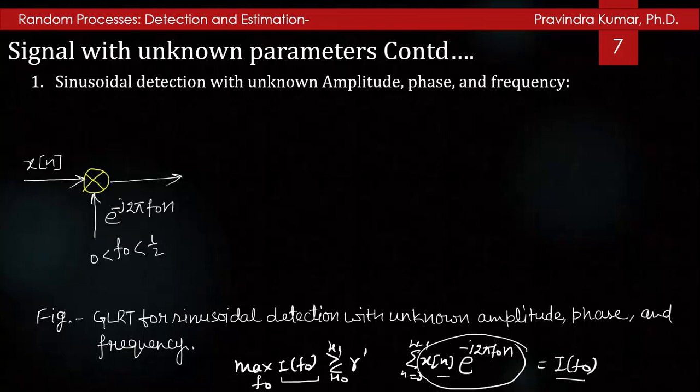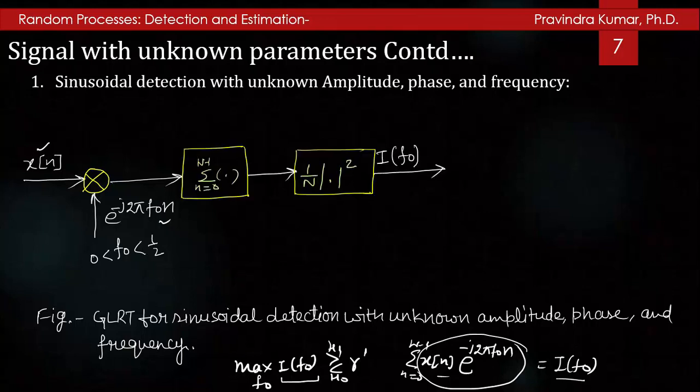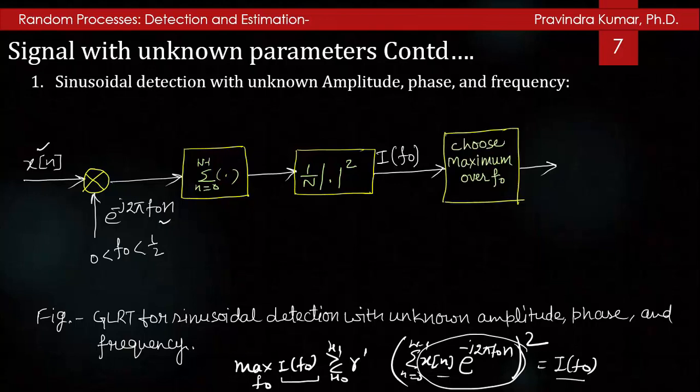So here the block diagram will be: you select the observed data, then the exponential signal, combine these two, take the summation, and after that take the whole square of this, so you get I(f0). Then choose the maximum over f0.